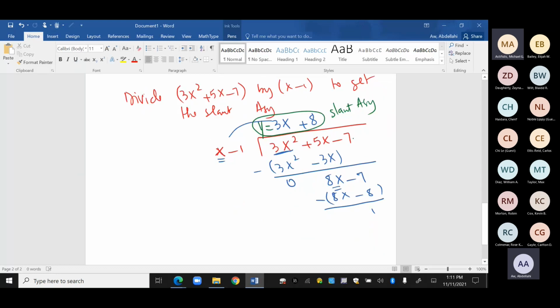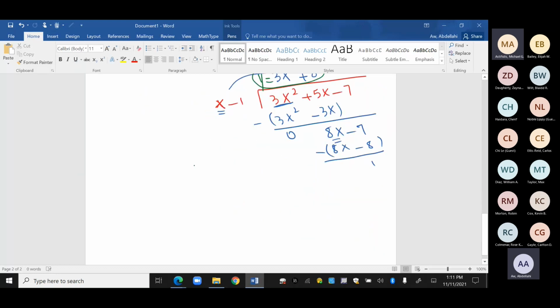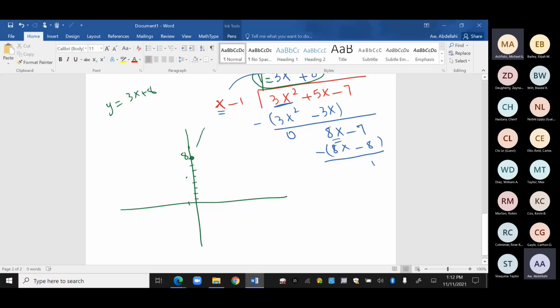What does that mean? It means my graph is like this. If I graph y equals 3x plus 8, the y-intercept is 8. When x is negative 1, y is 5. That is my line right here.